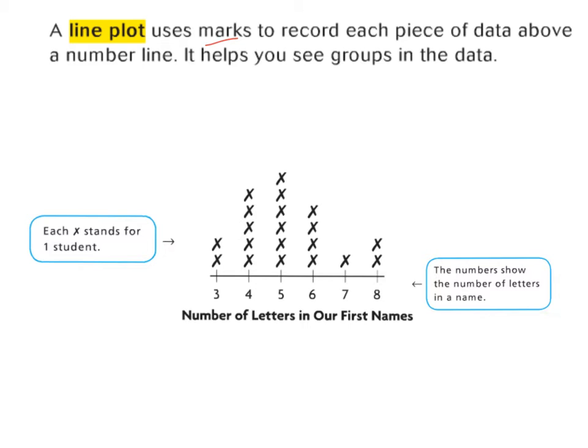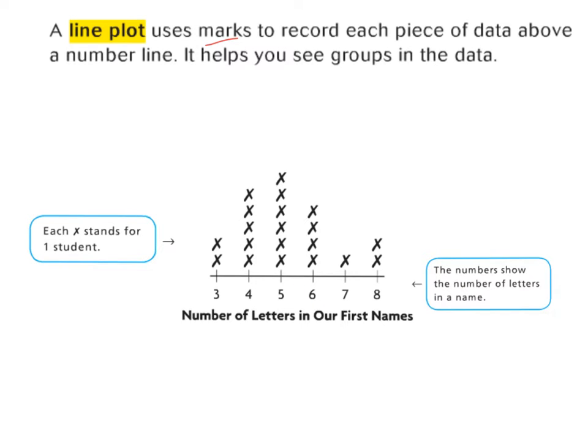Now looking at this line plot, you can see that most students have 5 letters in their first name. You can also see that the number of letters which occurred the least often was 7 letters, since there's only one mark on top of the number 7. Let's look at the number 6, meaning 6 letters in a first name.